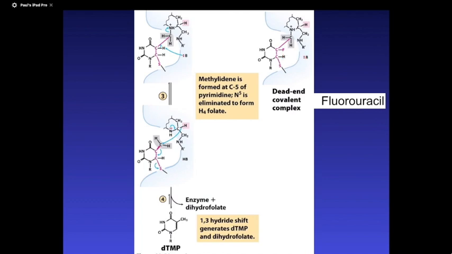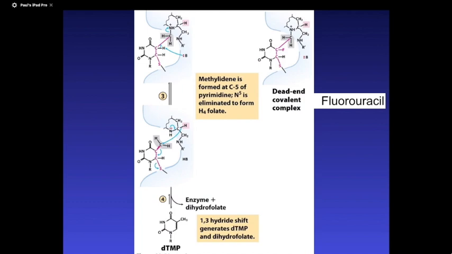Okay? So, I'm covalently linked into the middle of this enzyme. It is a dead-end product. We've also called this inhibitor of this enzyme a suicide inhibitor. Because it's become covalently linked, it can't come out, and this stops the synthesis of the thymine.